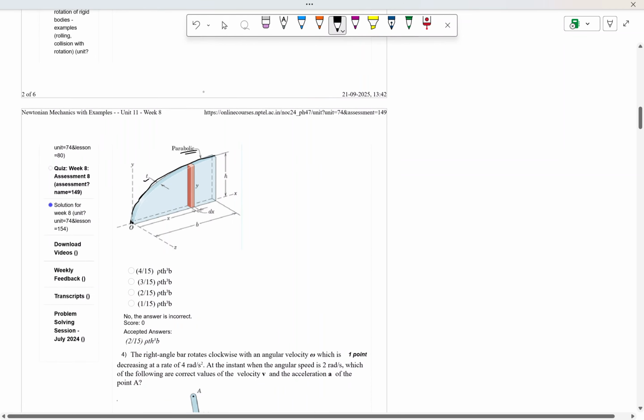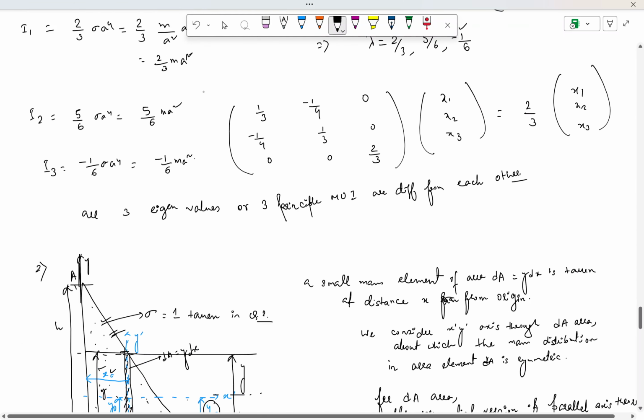So let us start solving it. This is the picture. This is the 3D part.